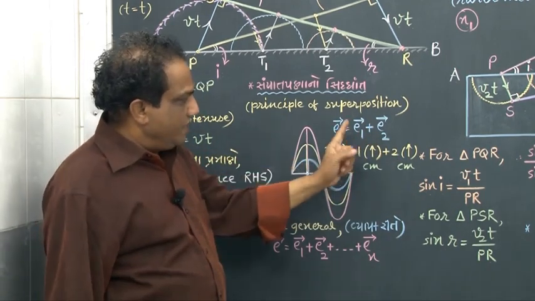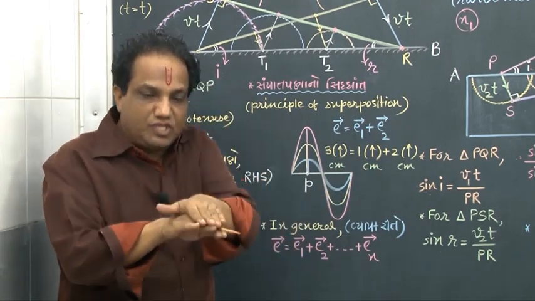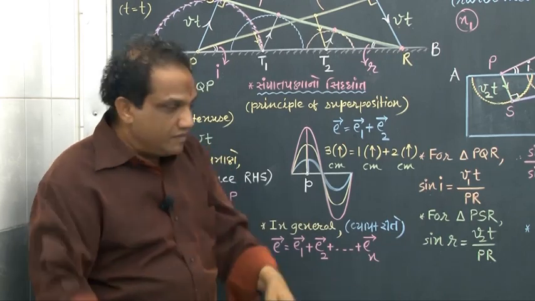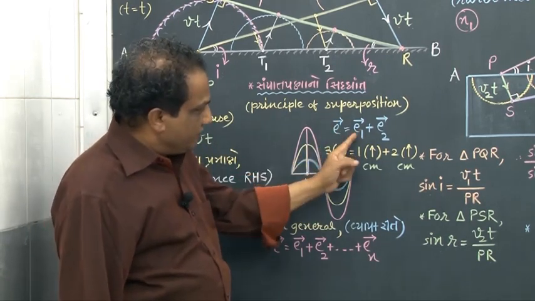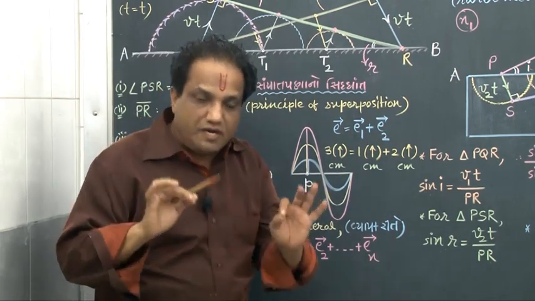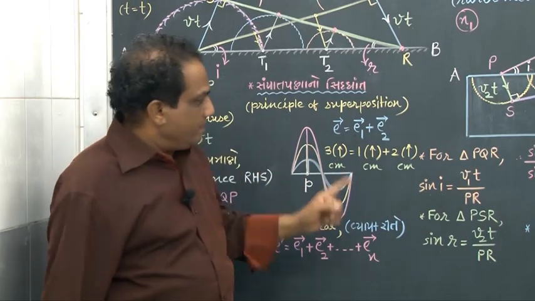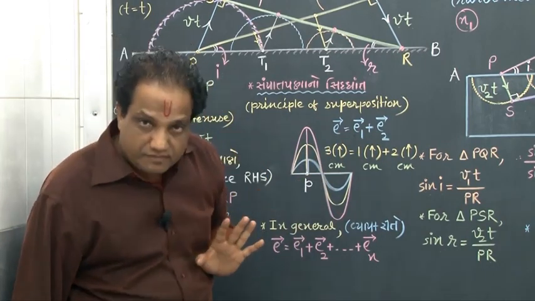So these are independent displacements, and when there is a superposition of these two waves, then the resultant displacement is found to be the vector addition of these two displacements produced by the superposing waves independently. This very equation is called the principle of superposition.